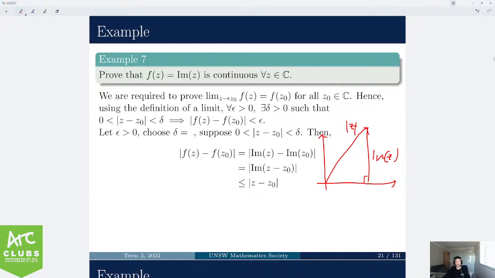And we know that the side of a right angle triangle is always going to be less than or equal to the hypotenuse, the modulus of z. And hence the imaginary part of z is less than or equal to the modulus of z. Okay. And that's how we get this jump over here.